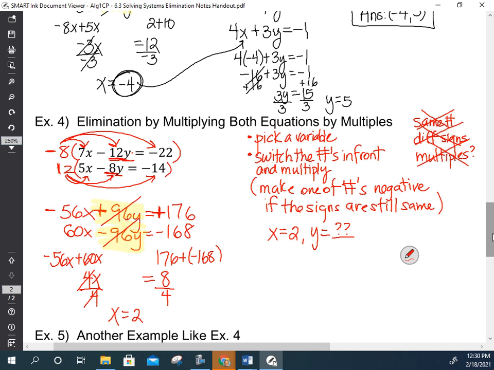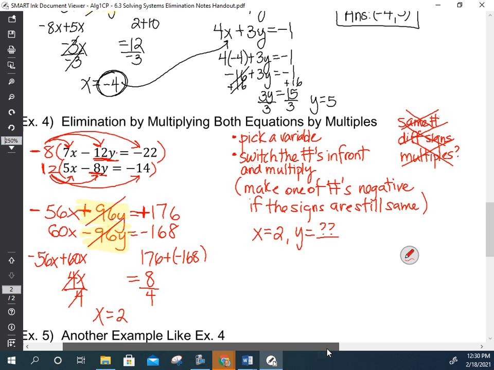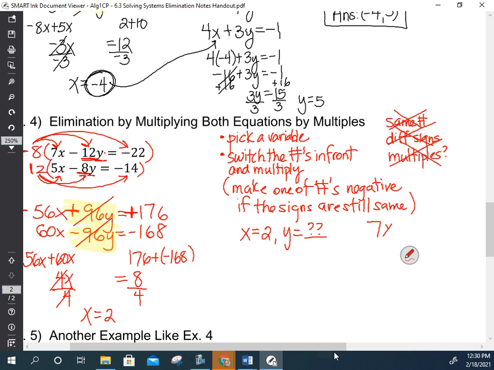Since we know what x is equal to, we take an equation and plug it in. I'm going to pick the top equation. Always use the equation that you started with, the one they gave you at the start of the problem. So 7 times 2 is 14.